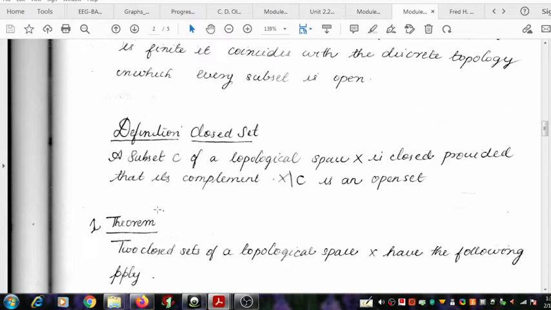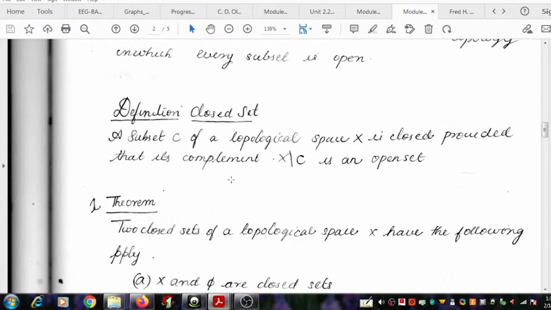Now we are going to define closed sets. How can we define closed sets in a topological space? Consider a non-empty set X together with a topology tau. Then X together with tau is the topological space.